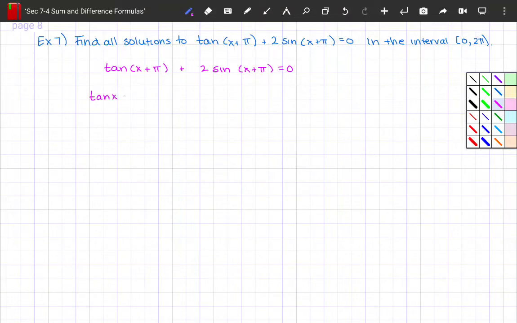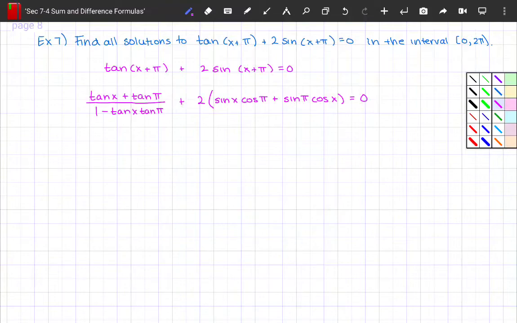tan x plus tan pi over 1 minus tan x tan pi plus 2, and then sine of u plus v. Sine u cosine v plus sine v cosine u.